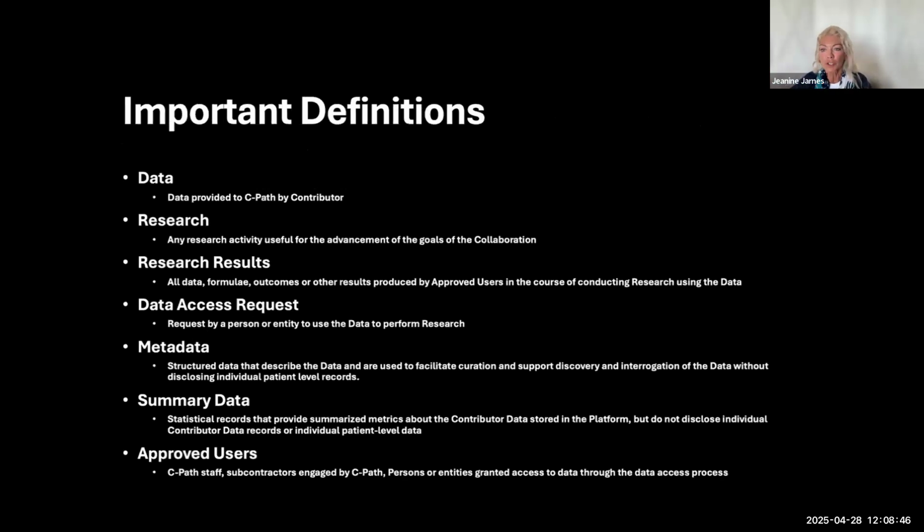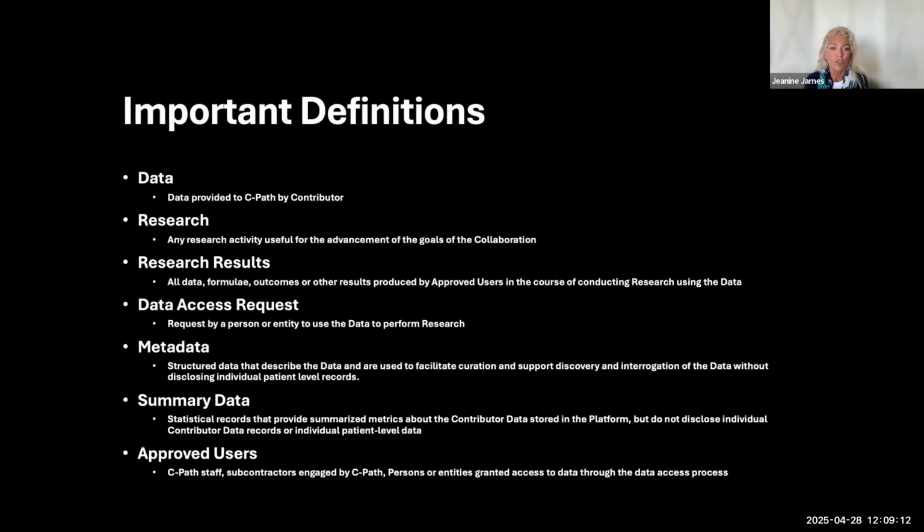So, important definitions. I am not an expert with these definitions, so I actually made this table, this page, to help myself. It's really important to understand what they mean by data in this agreement that I made with C-Path. I had to sign the agreement with C-Path, and I had to work with the Regents of the University of Minnesota and their legal team to get this all worked out. But data is what I'm contributing.